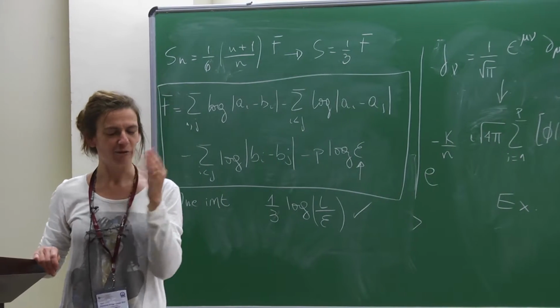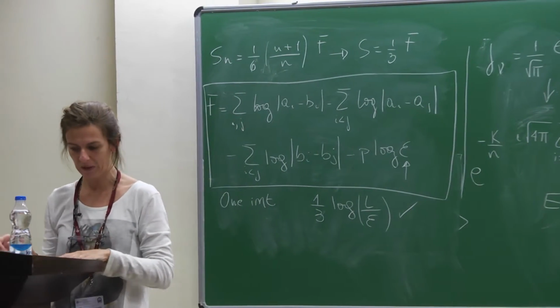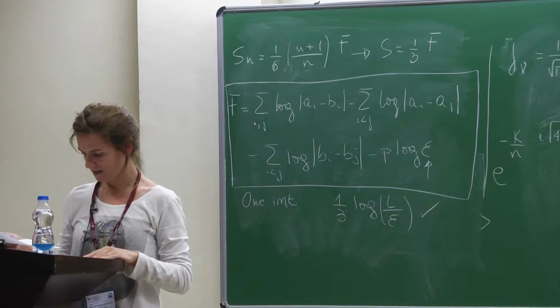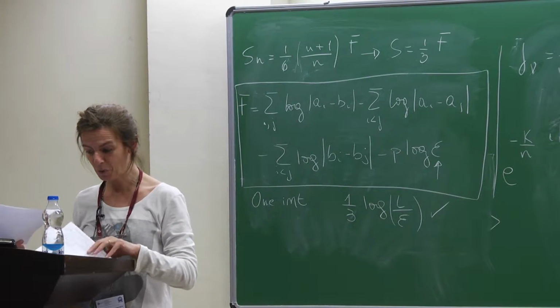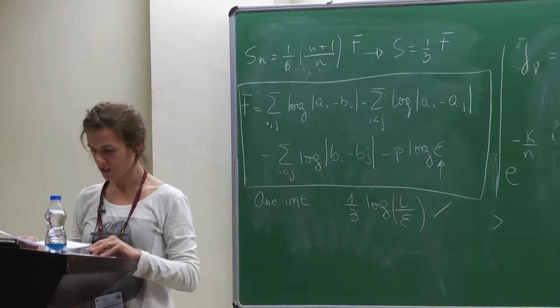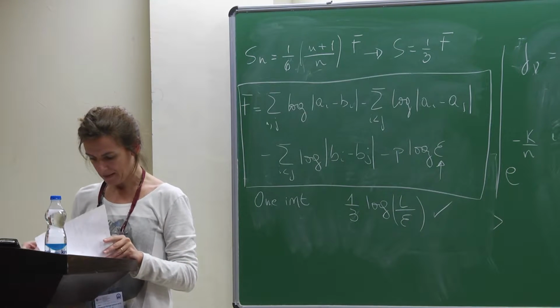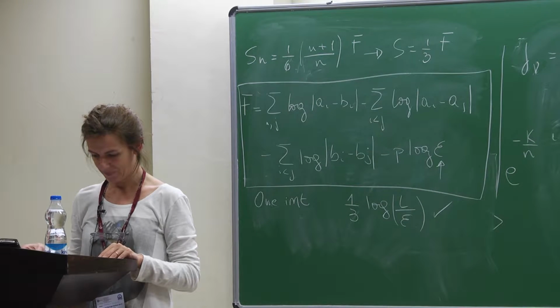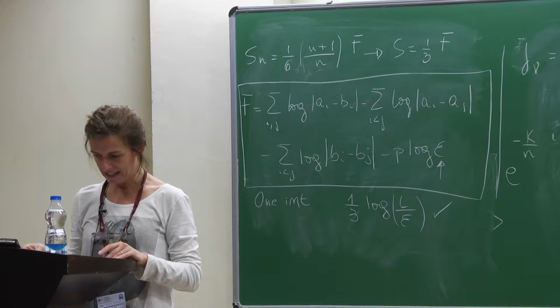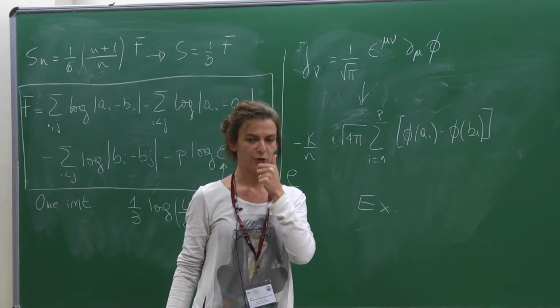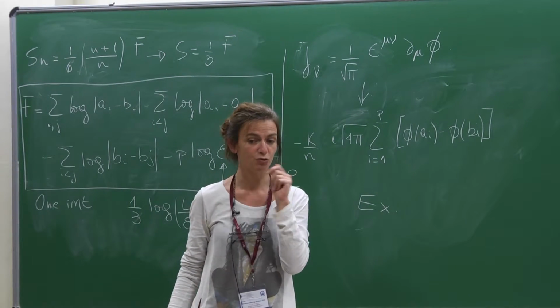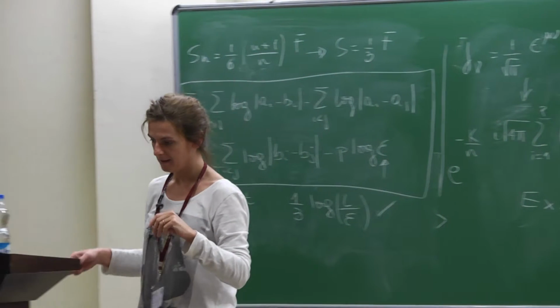Okay, the fermion has special properties. I really don't know why it's so special, but for example, what is interesting is that it has an extensive mutual information, which is not true in general, okay?